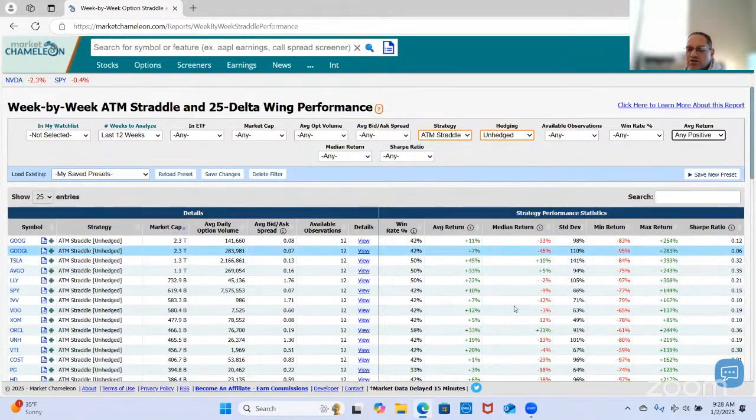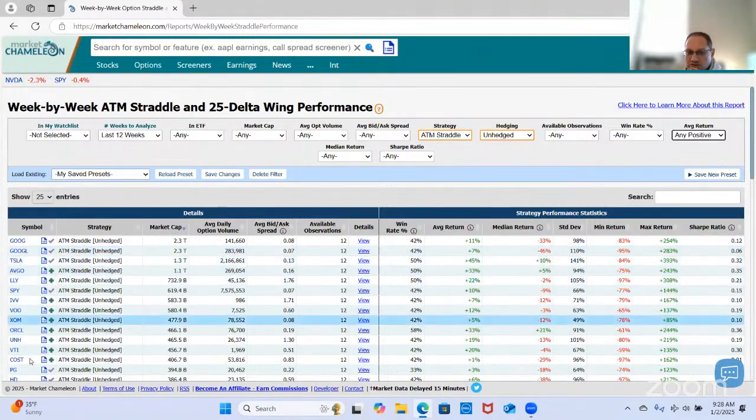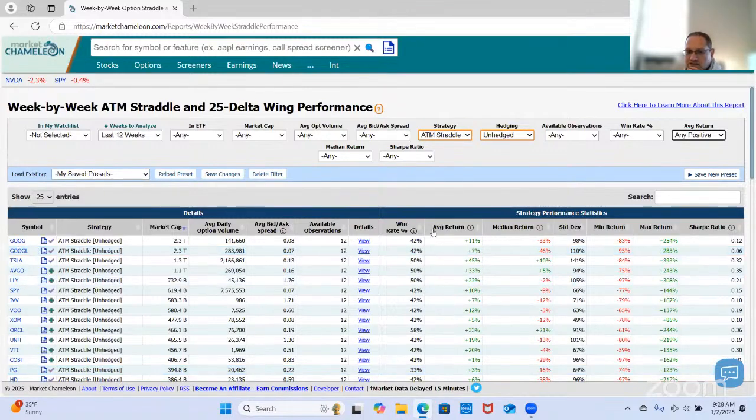Click on that. And now you can see here, these are the stocks that the straddles on average were profitable, right? So on average in the last 12 weeks, if you did this every time, in our observations, on average, they were positive.